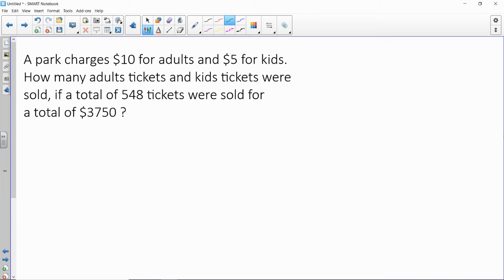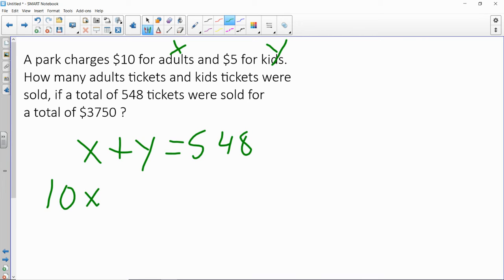So I will use x for adults and y for kids tickets. And again, I know the total number of tickets sold is 548. I know adult tickets cost $10. Kids tickets cost $5, and we made $3,750.